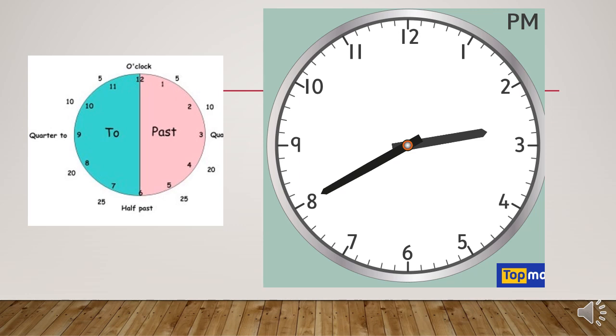So once again, the minute hand is pointing at 8. I'm going to start on 12 and count to the minute hand. 5, 10, 15, 20. So once again it's 20 minutes to an hour.